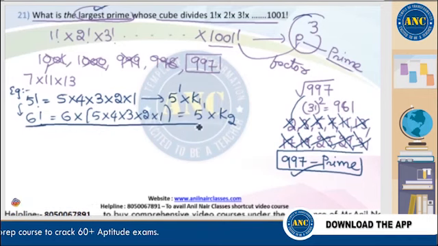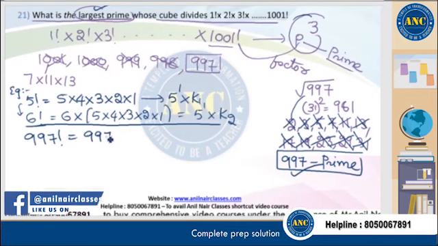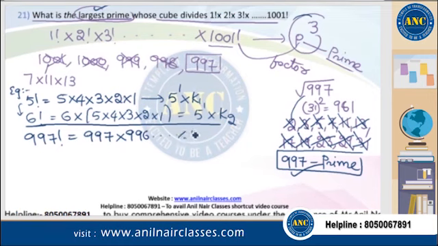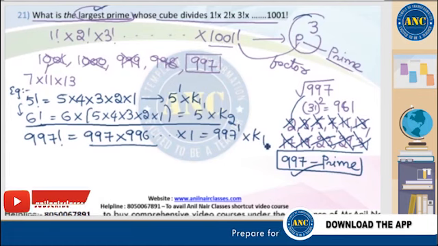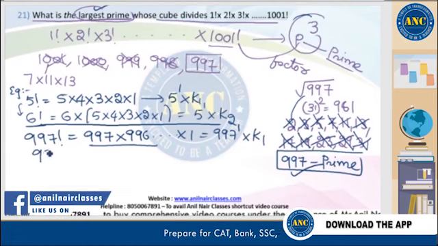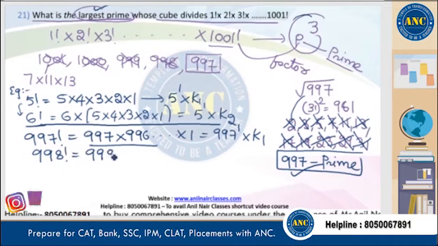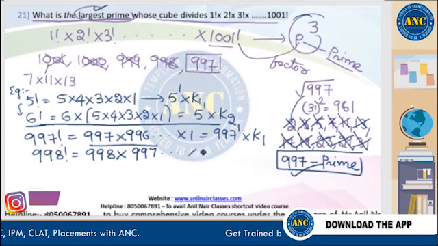With this understanding, let us see. 997 factorial, which is nothing but 997 into 996 and so on up to 1. Can I say this contains 997 power 1 into k1? Are you all with me? 998 factorial is 998 into 997 and so on up to 1.